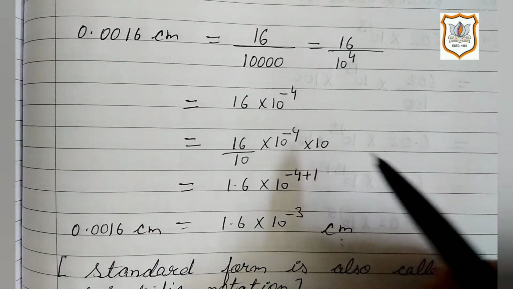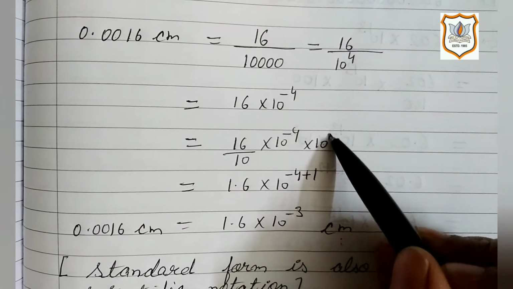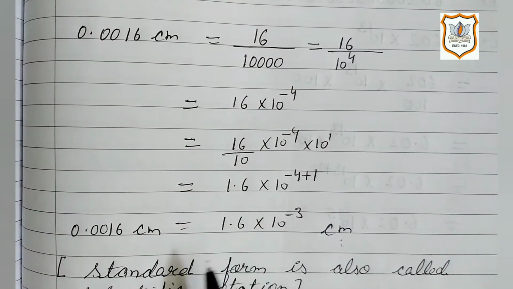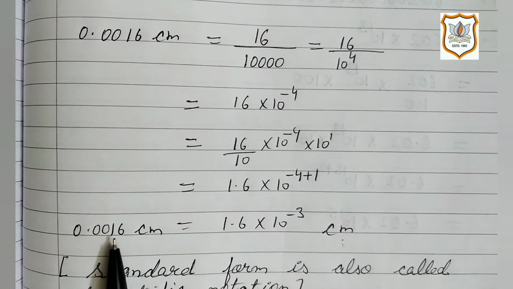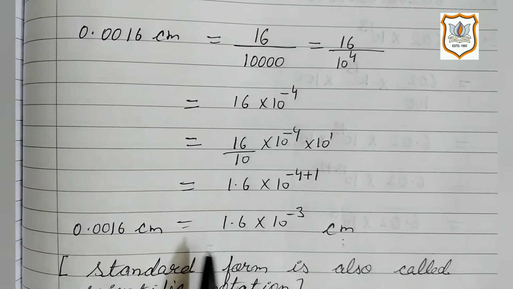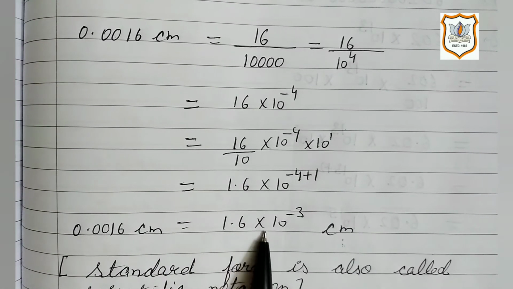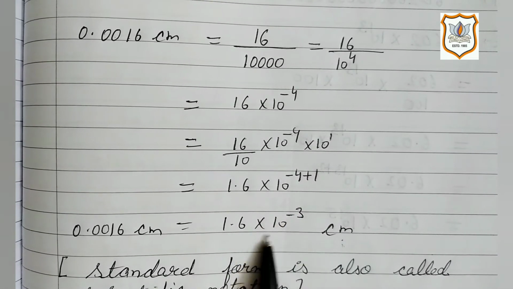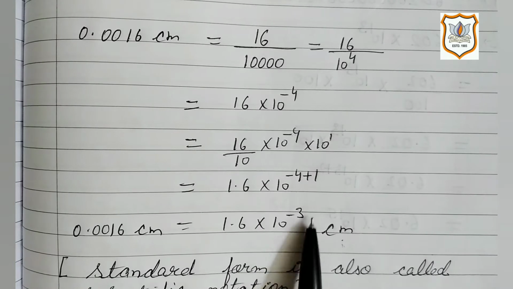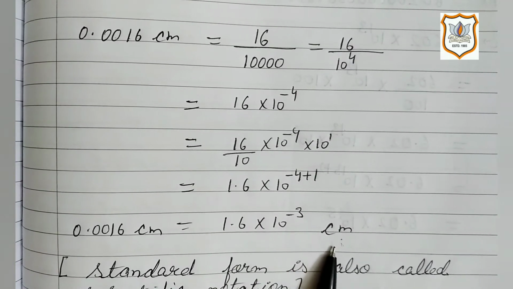Here 10 to the power 1. So we can write 0.0016 centimeter is equal to 1.6 multiplied by 10 to the power minus 4 plus 1, which is minus 3. So we write 10 raised to power minus 3 centimeter.